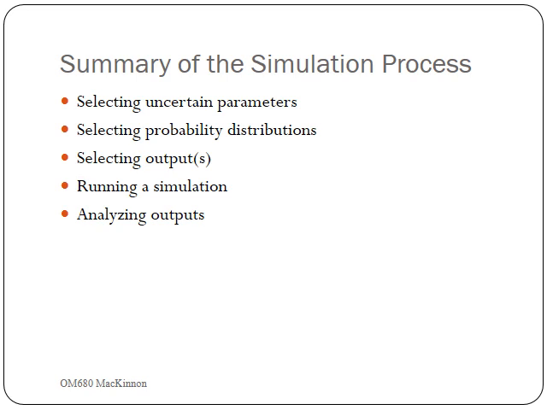But you need to decide what kind of probability distribution the parameters will be subject to. We select the outputs: what is it that we are trying to ultimately decide? Is it cost? Is it sales? Is it revenue? And so on. Then we run the simulation and analyze our output.